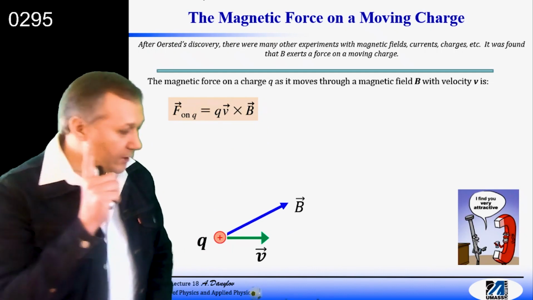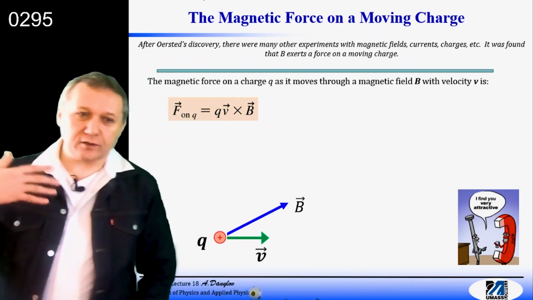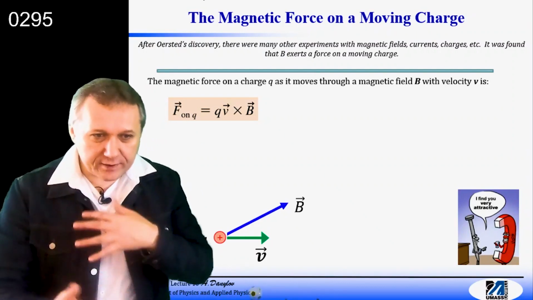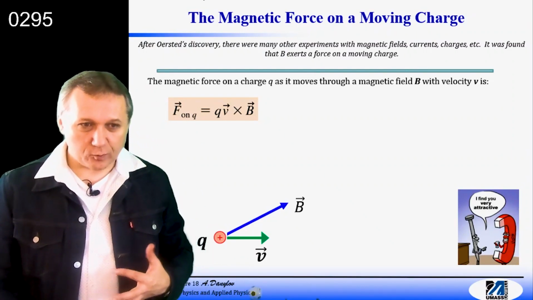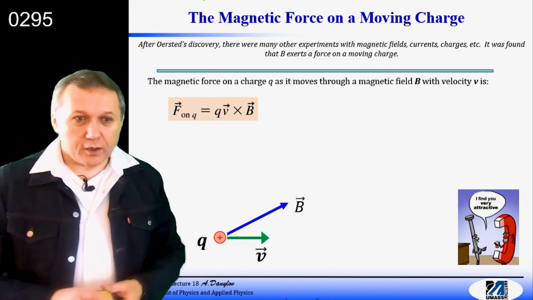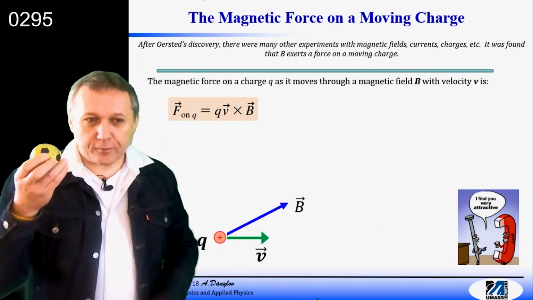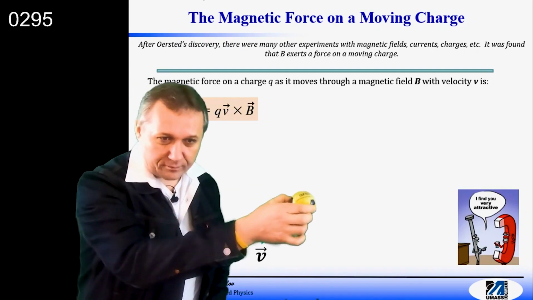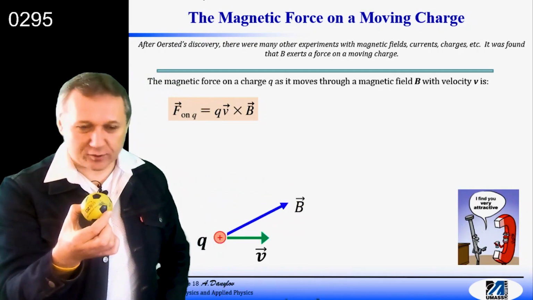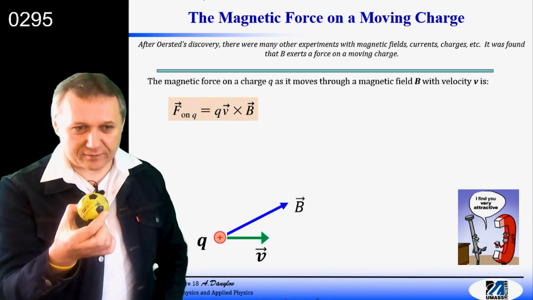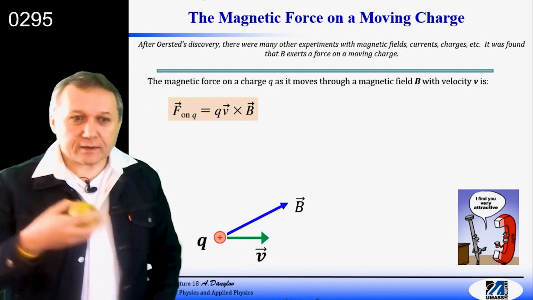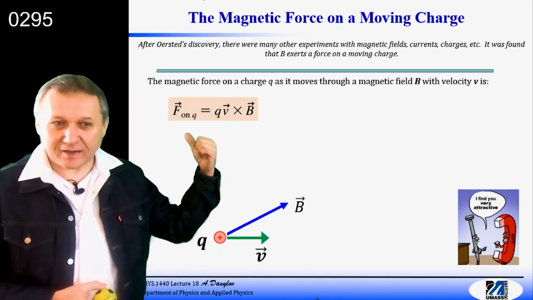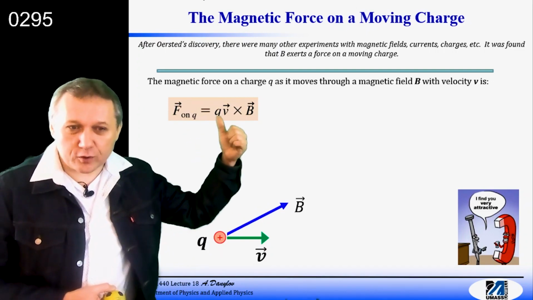First of all, you remember at the very beginning when we started introducing magnetism, I told you that in the world of magnetism, everything is in dynamics. What did I mean by that? In order for a charge to produce a magnetic field, it must move. A stationary charge cannot produce a magnetic field. And in order for a charge to experience magnetic force, it also has to move.